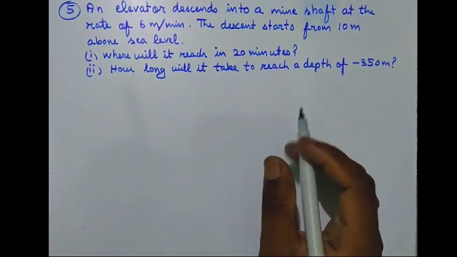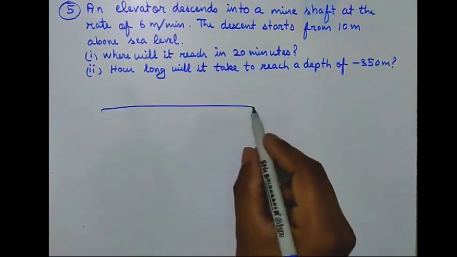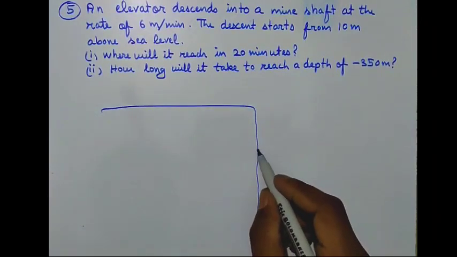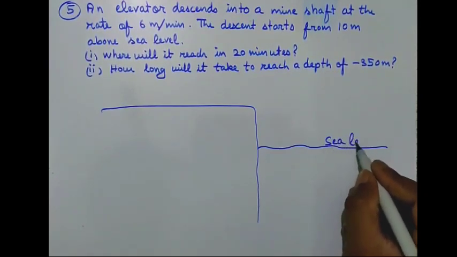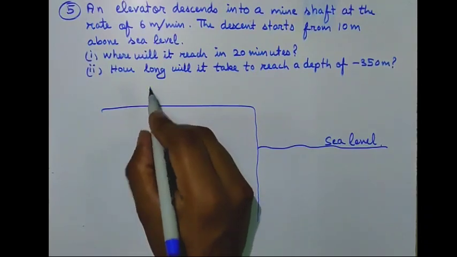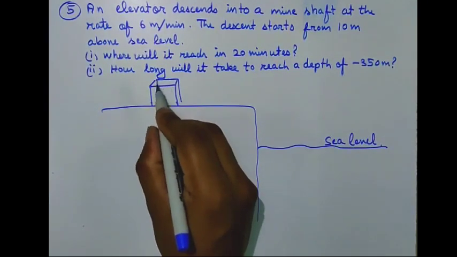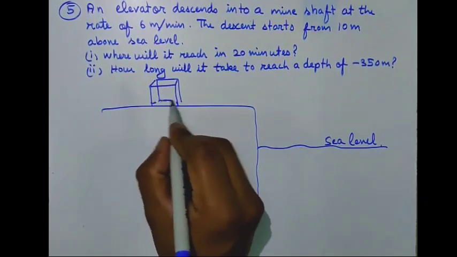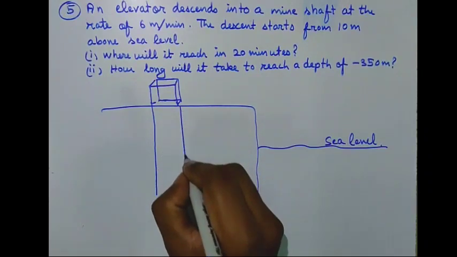Let's understand this with the help of a diagram. Let's take this to be the land nearby, and let's take this as the sea level. And then let's think of this as the elevator which goes down into this mine.